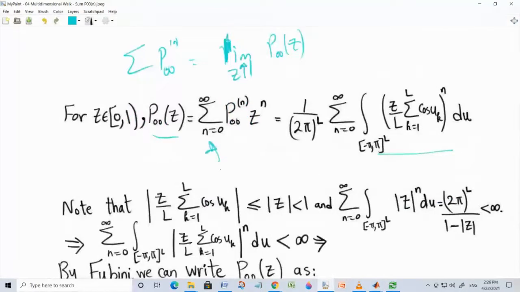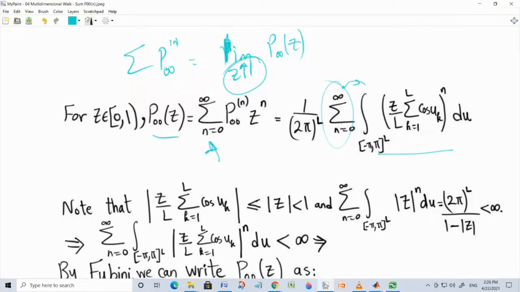So what can we do? We need to take the limit as z goes to 1. Actually, we have an infinite sum and we have an integral. So the first order of business before taking the limit is, are we allowed to interchange the infinite sum and integration?